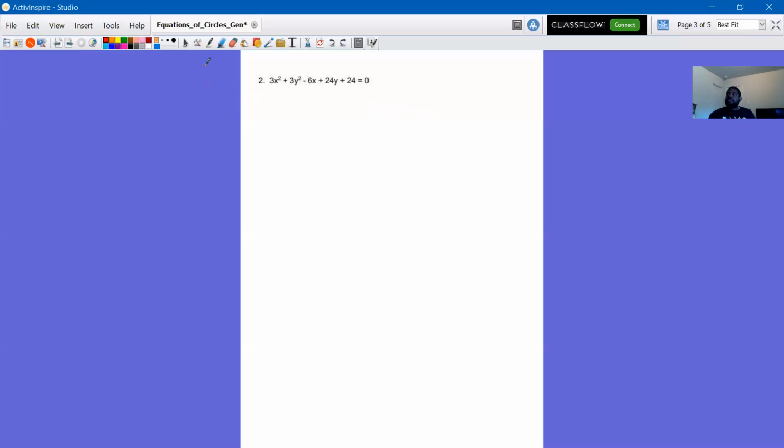Here's our next example. So we're going to do the same process here. I want to group my x terms together. Again, notice that the coefficients of x squared and y squared are the same. And here I'm going to subtract my constant, which is -24. So I'm going to group them.